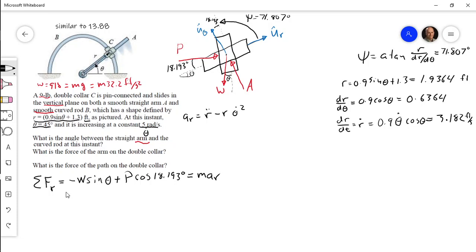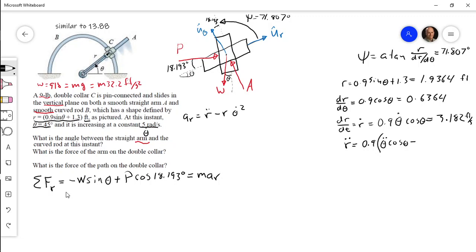And we need theta double dot. So we take the derivative again. This time we have two functions of theta that are multiplied together, and so we need to use not only the chain rule but also the product rule. And this is going to be 0.9 times, take the derivative of the first one, theta double dot, times the second one, cos theta, and then the derivative of the second one, which is minus sine, and then you have to use the chain rule to get another theta dot.